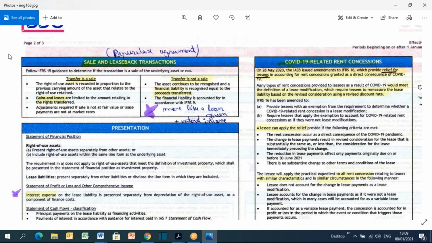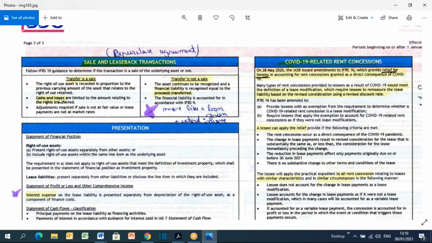So when you get a question like this, first of all, you have to understand whether or not it's a sale. And most of the time it will say in the question that the transaction is a sale, so you don't have to spend time on that. If the transfer is not a sale, then the asset should continue to be recognized, and it is accounted for as a financial liability, more like a loan given.